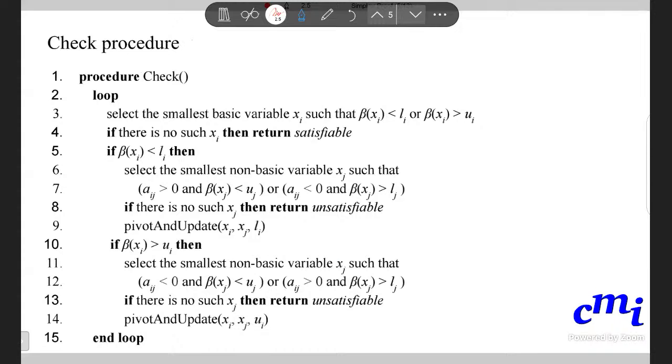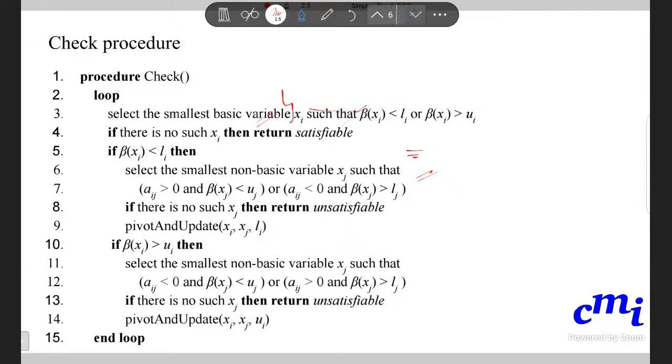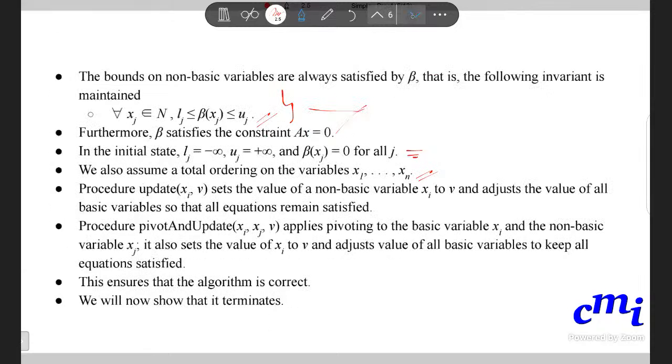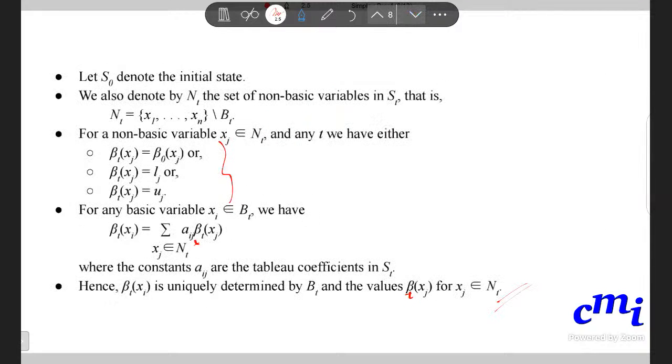It's only for the non-basic variables that they are at those bounds. At any given point, the non-basic variables can be either at uj or lj. The basic variables are uniquely determined. They don't have to be at lj or uj. They'll be in between.